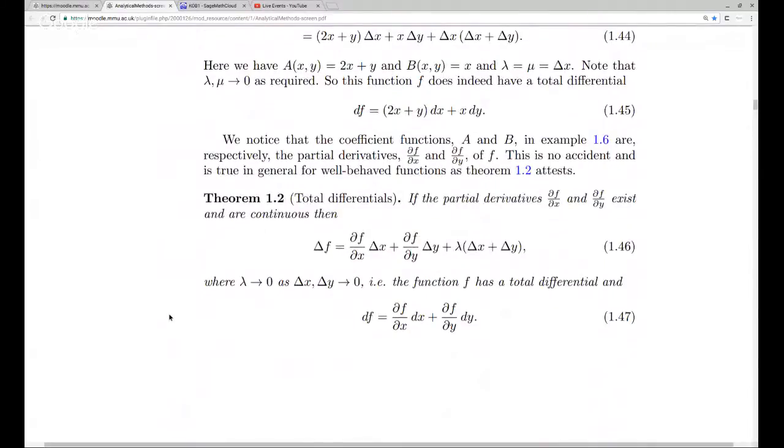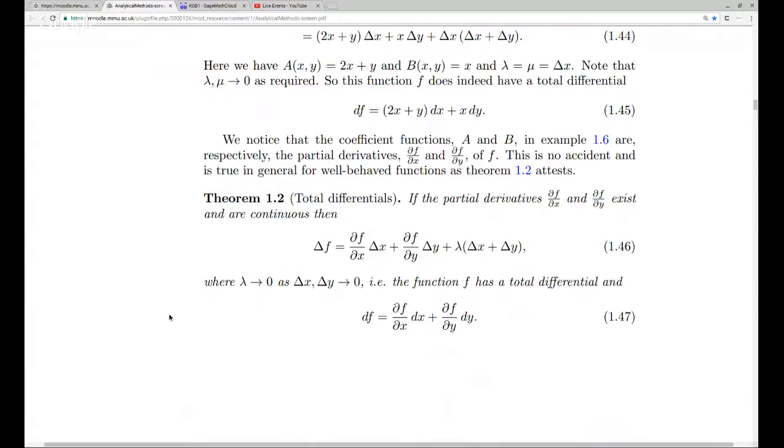This theorem says, well, if the function is nicely behaved, now nicely behaved means that the partial derivatives exist and that they're continuous functions. So there's no sharp edges to the surface defined by the function. There's no instantaneous changes in the rate of change of the function. The partial derivatives are continuous.